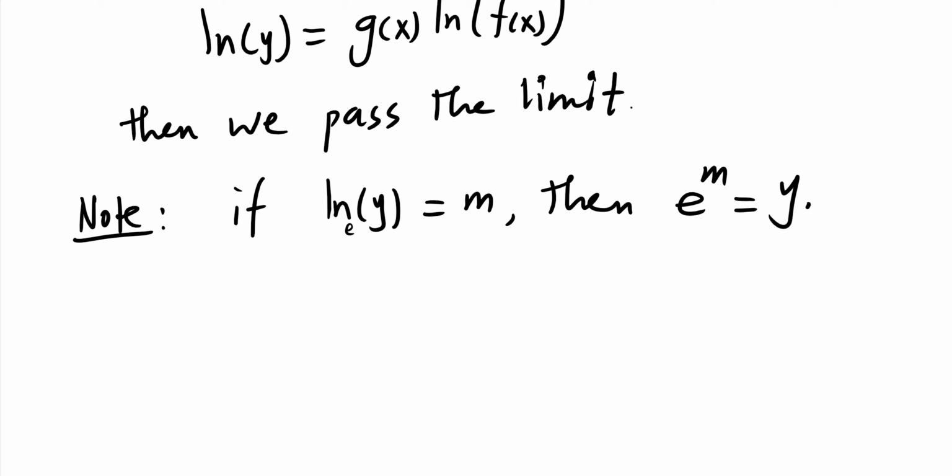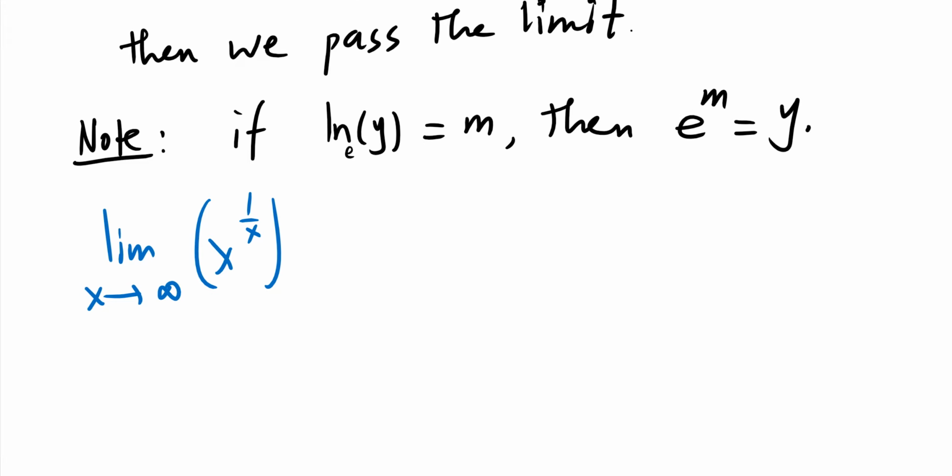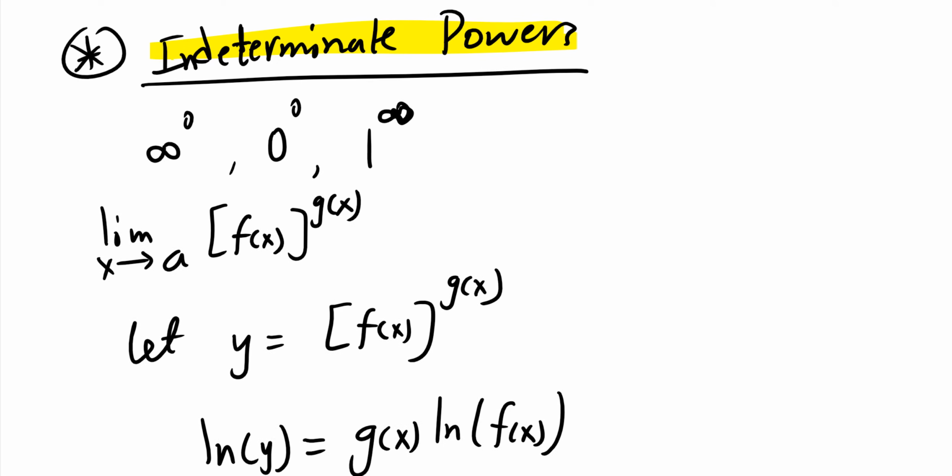So let's look at an example. Let's say we're asked to find the limit as x approaches infinity of x to the 1 over x. As you see, the denominator of the exponent is infinity. The exponent is 1 over infinity. When x goes to positive infinity, 1 over x goes to 0. So that's one of the indeterminate forms, the first one.